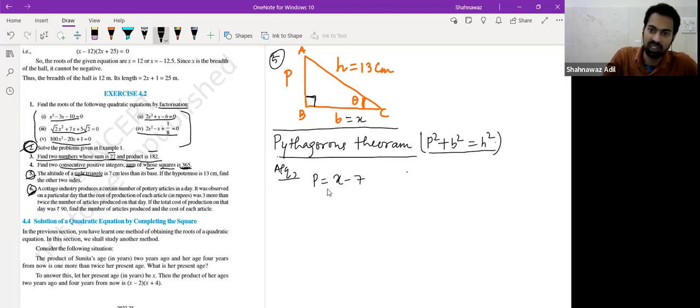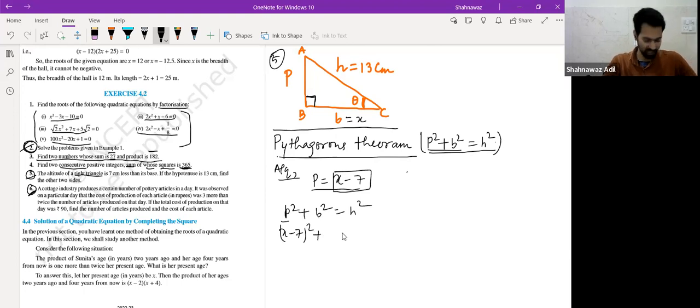Now we can apply this relation: perpendicular square plus base square is hypotenuse square. Perpendicular is x minus 7. Base is how much, Talha?